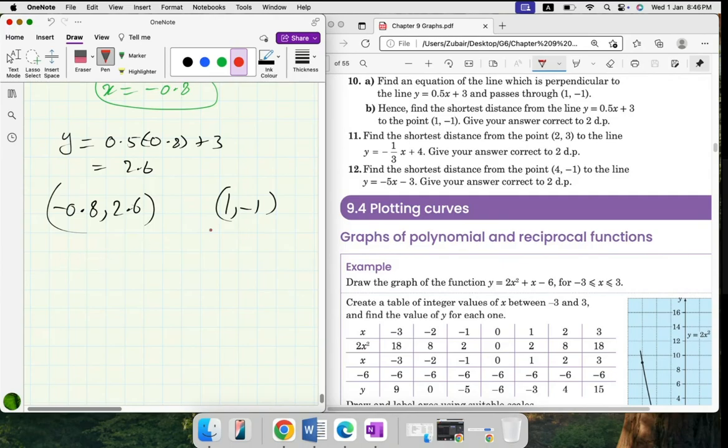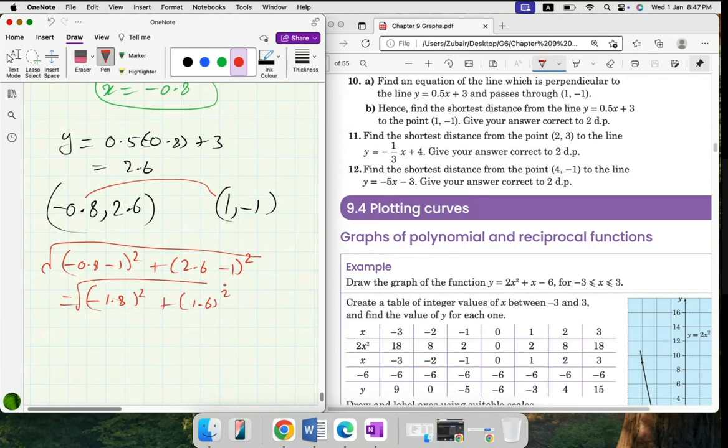So distance is the square root of change in x, minus 0.8 minus 1, squared, plus change in y, 2.6 minus 1, squared. That is negative 1.8 squared plus 1.6 squared, whole square root. I'm using a calculator here.